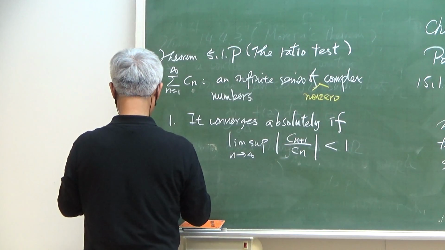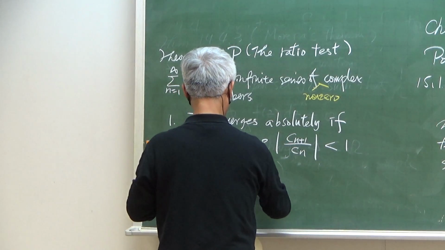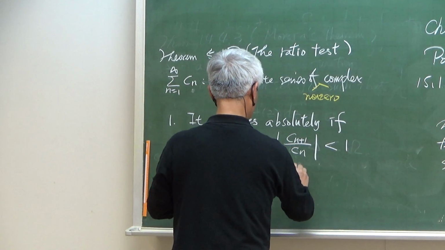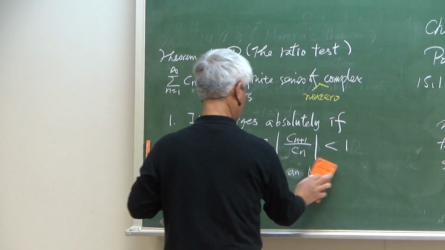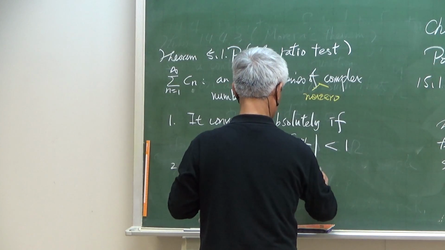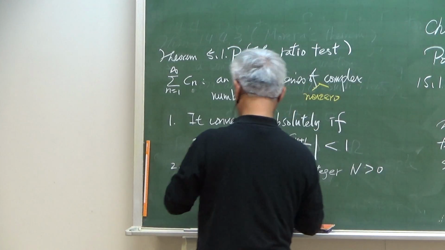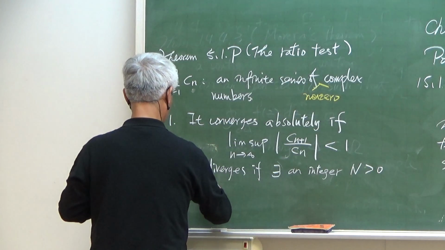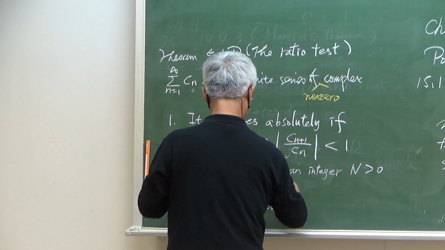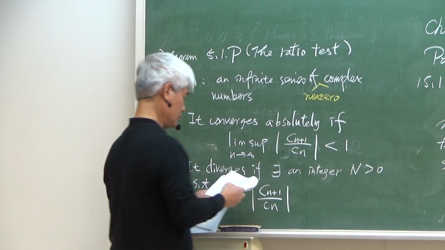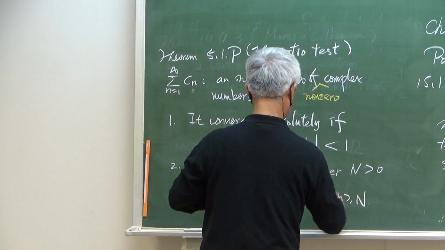But it diverges if there exists an integer n greater than 0 such that the absolute value of the ratio is greater than or equal to 1 for all n within the range.